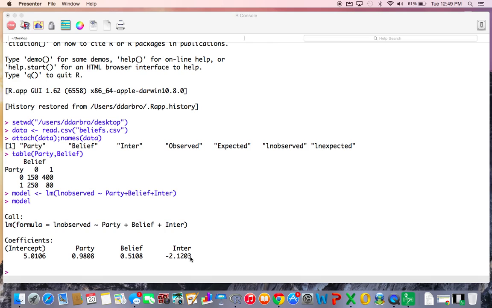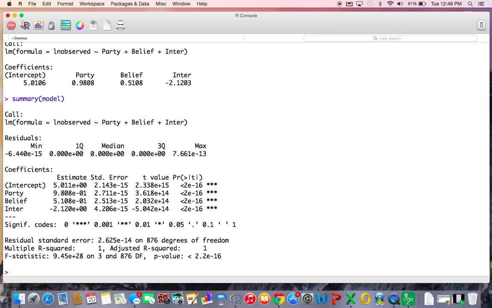Now, something kind of interesting, if you do a summary of your model, let me get back into R. If you do a summary of your model, where you get your standard errors and so on and so forth, I would like for that not to be in scientific notation.